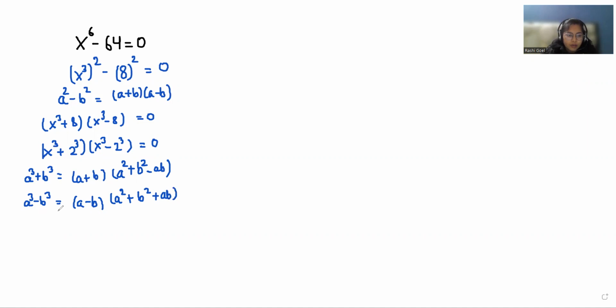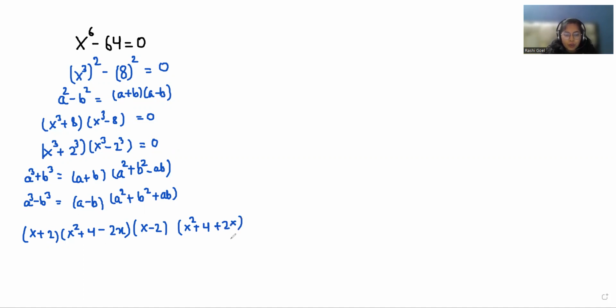So if we put the values, in a cube plus b cube, a plus b is x plus 2, and here x square plus 2 square, which is 4, minus 2x. And a minus b is x minus 2, and x square plus 2 square, which is 4, plus 2x.